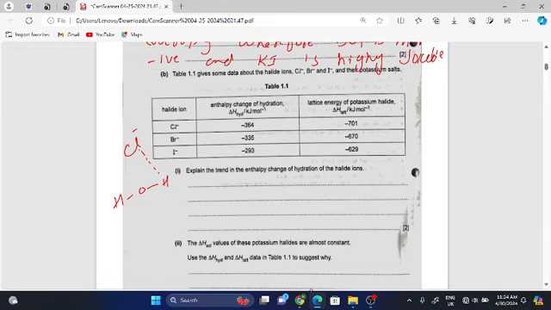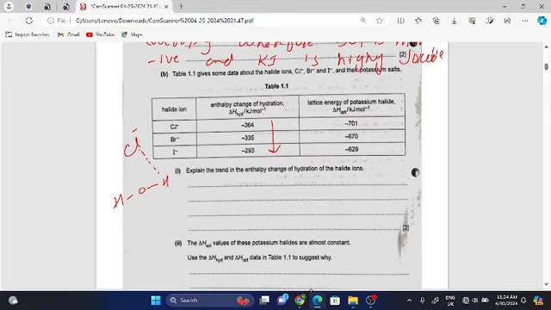So once you move down the group from chlorine to iodine, you can see the enthalpy change of hydration becomes less negative.